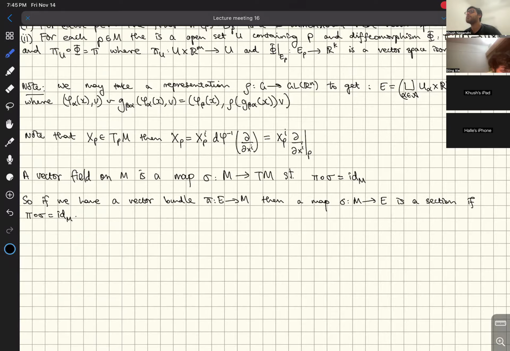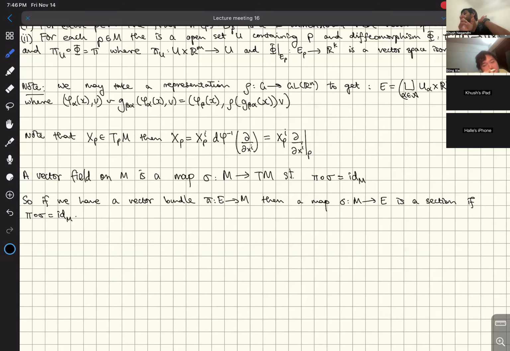You've heard me talk about differential forms and stuff like that. Differential forms are also just sections of some vector bundle, as we will see. The tangent bundle is the most important bundle because now we can define more.